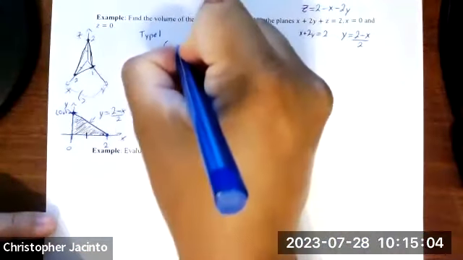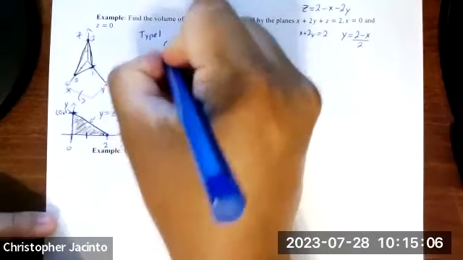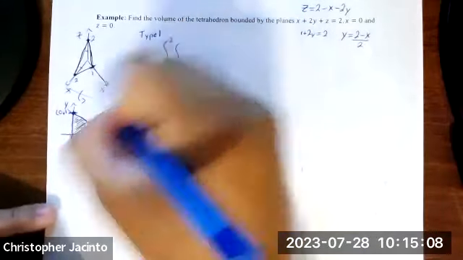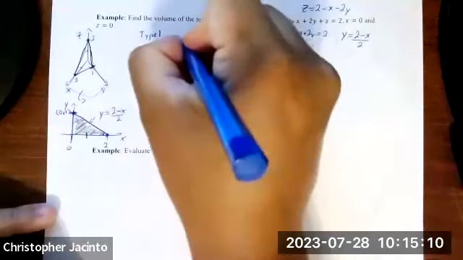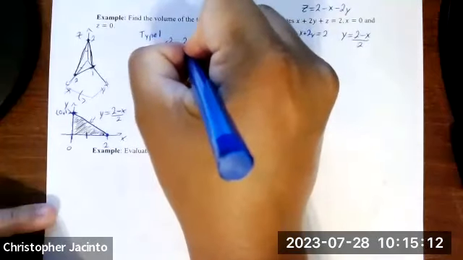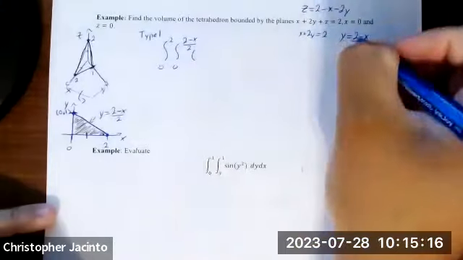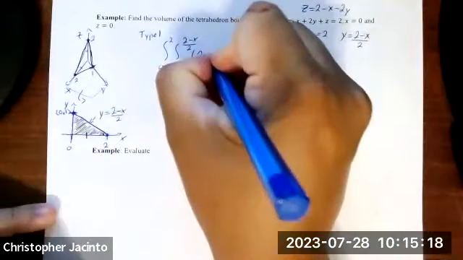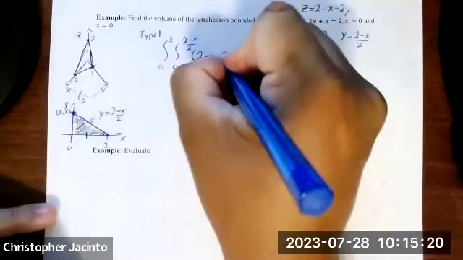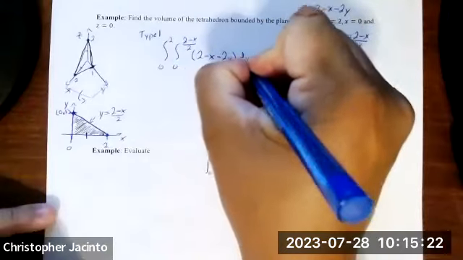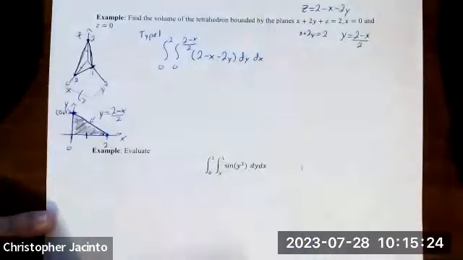So now our double integral is going to go from 0 to 2, and then from 0 to 2 minus x over 2 of our function 2 minus x minus 2y dy dx.